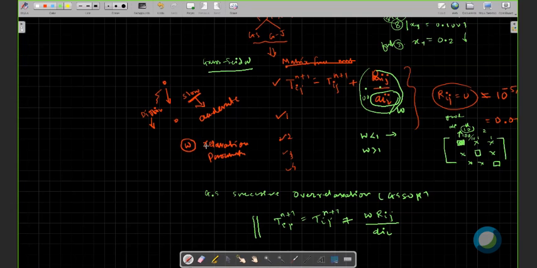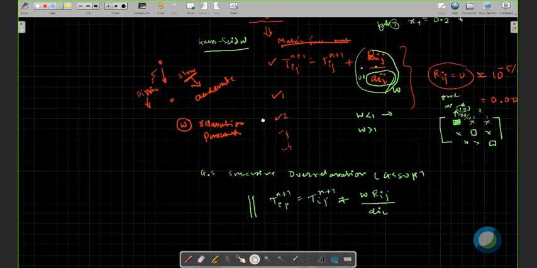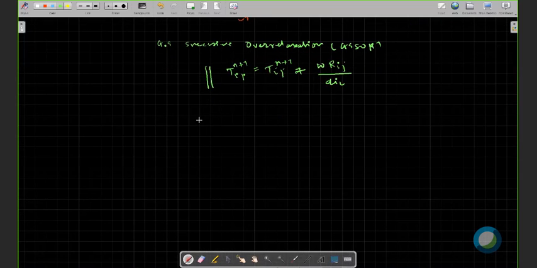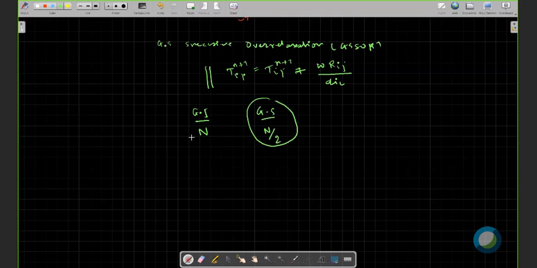Okay. Now, why Gauss-Seidel? Why not Gauss-Jordan? We have already mentioned that if the Gauss-Jordan method takes n number of iterations, then the Gauss-Seidel method takes n by 2. So the Gauss-Seidel method is very fast compared to Gauss-Jordan.